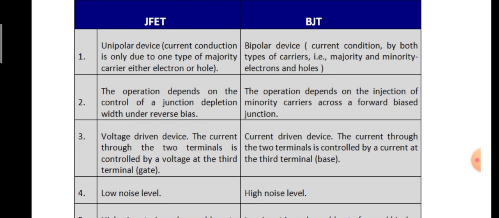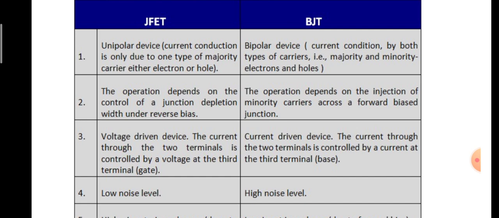In BJT, the operation depends on the injection of minority carriers across forward biased junction. JFET is a voltage driven device, the current through the two terminals is controlled by a voltage at the third terminal, gate. BJT is a current driven device, the current through the two terminals is controlled by a current at the third terminal.